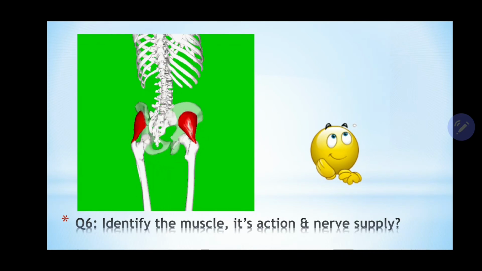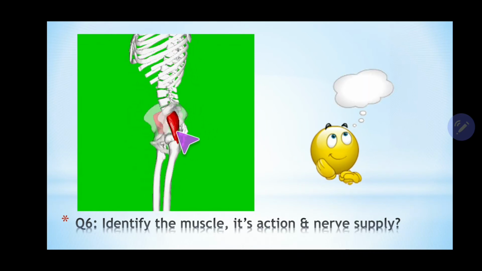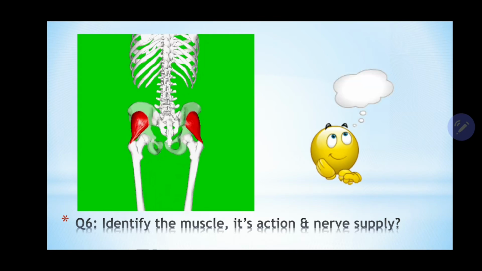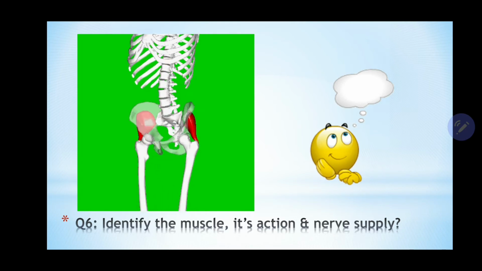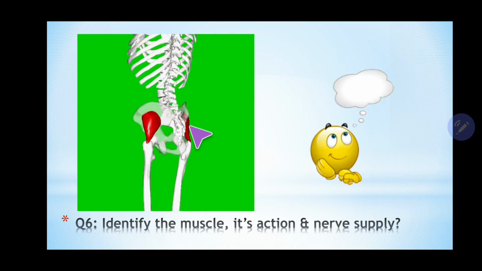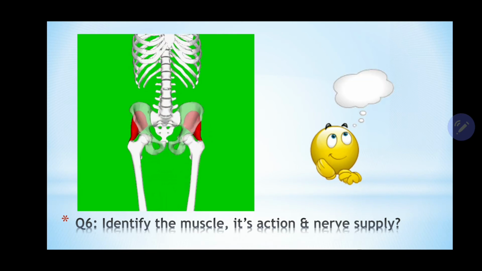Okay, so you are seeing that this muscle also is arising from the outer surface of the hip bone, right? That's the gluteal surface of the ilium, and it's taking origin between the anterior and inferior gluteal lines, right?